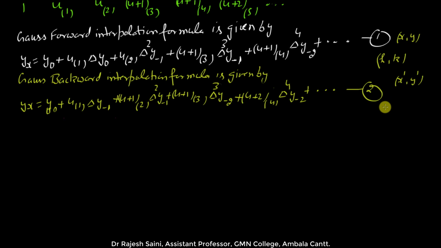Then in that case we take x is equal to x dash plus h, so that when you replace here h, this x dash will be new origin. So this means that x dash is equal to x minus h. Similarly y dash will be y minus k.